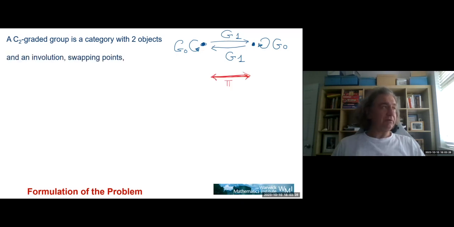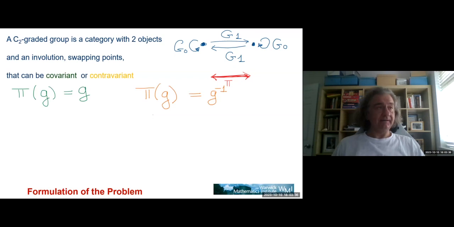This category also has an involution, pi, which swaps the two points. And this involution can be made covariant or contravariant. To make it covariant, that's how it should act on morphisms. To make it contravariant, you take the inverse. That's what a C2 graded group is, thinking categorically.